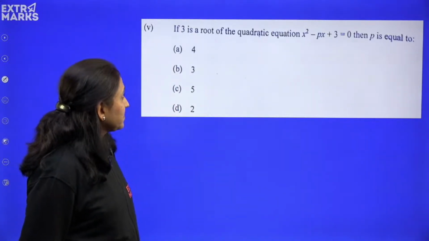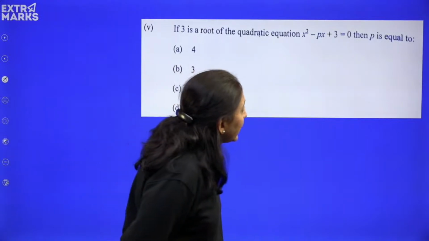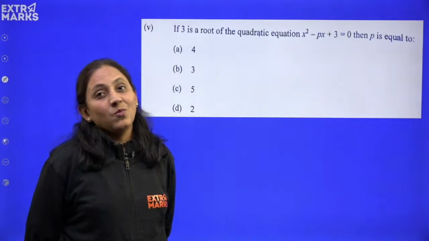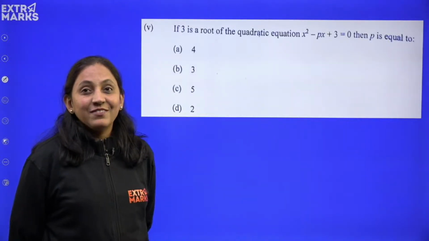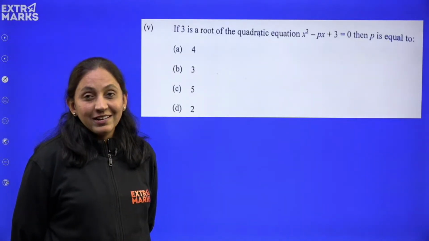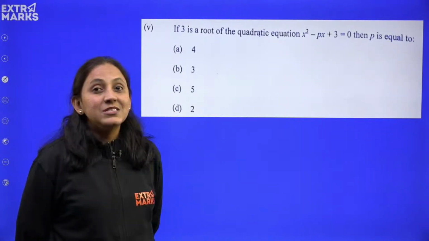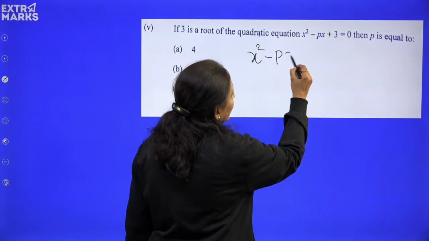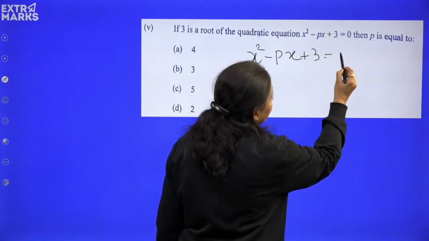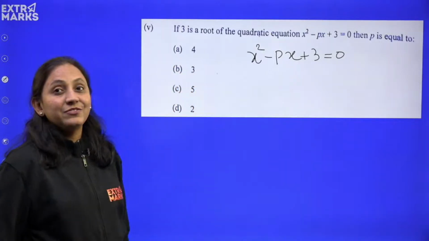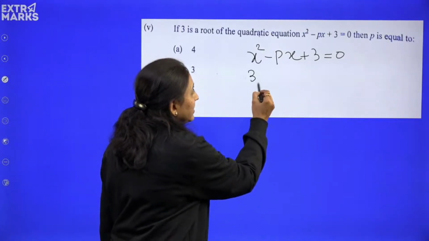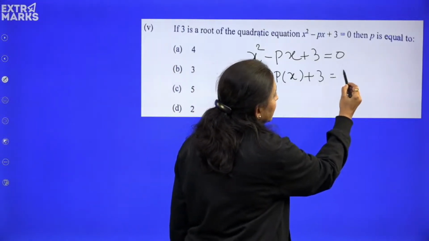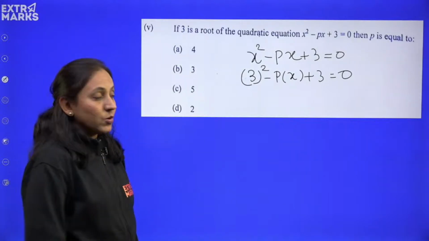So here, if 3 is the root of a quadratic equation, x square minus px plus 3 is equal to 0, then what is the value of p? Okay, they have given the root of the quadratic equation. We know that the root of the quadratic equation makes the value 0. So if 3 is the root and if I substitute 3 in the place of x, then the value of this equation will be equal to 0, right?